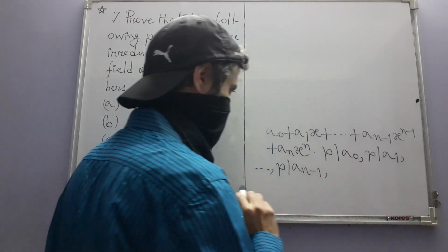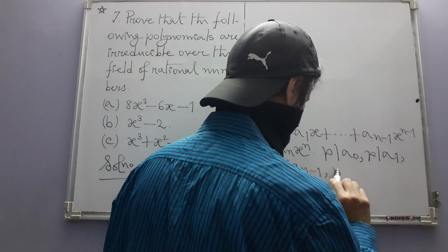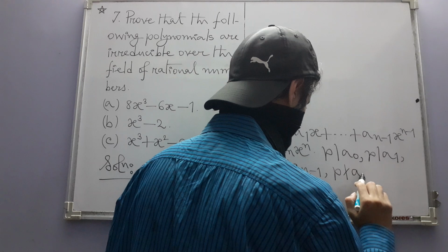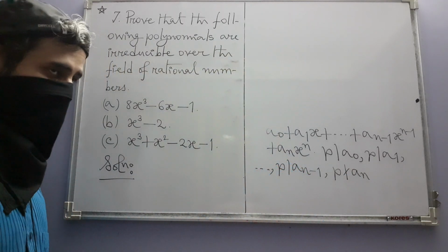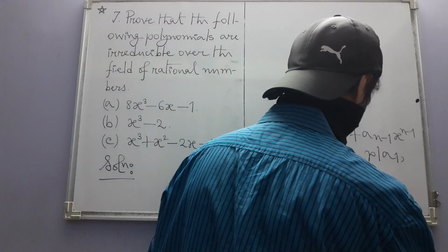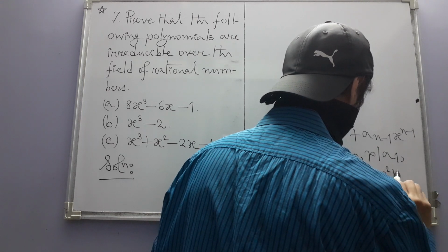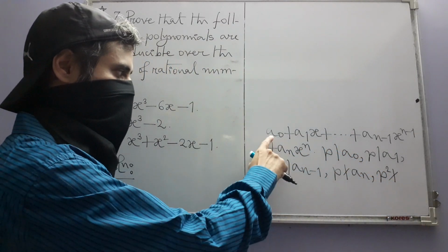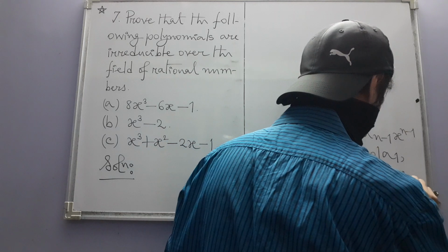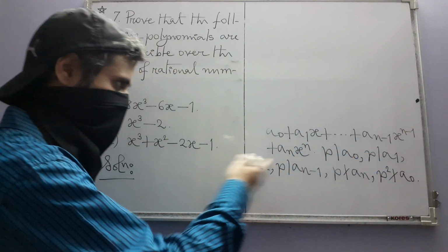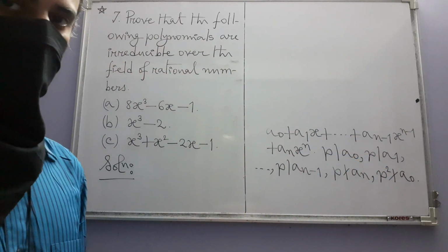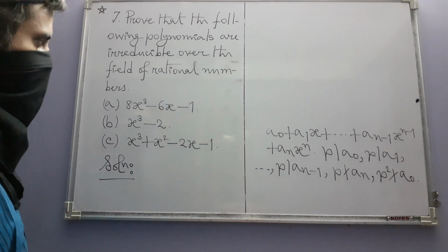That means p divides all the ai's, but p does not divide the leading coefficient an. Also, additionally, the square of p does not divide this a0. Then the polynomial is irreducible over Q, the field of rational numbers.